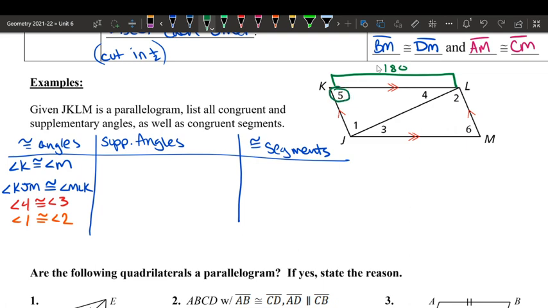And on the other side, I don't want to just say angle 4 because that's not the whole corner. I want 4 and 2. I want that whole corner of angle L. Everything that has to do with angle L, I have to include it all. So in this case, I would say angle 5 plus angle 4 plus angle 2 equal 180 degrees.